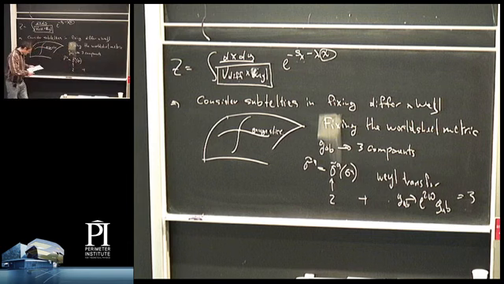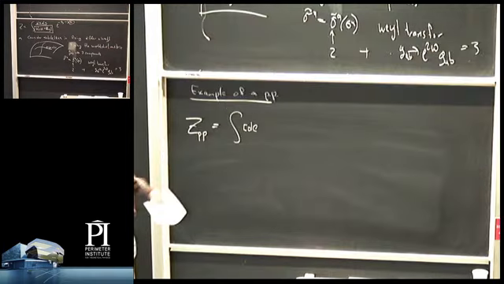Then we also have one additional degree of freedom associated with the Weyl rescaling, g_ab goes to e^(2ω) g_ab. So the number here is also 3. We have three arbitrary functions, and we can use them to fix the three arbitrary functions in the worldsheet metric and put it in any form we want.